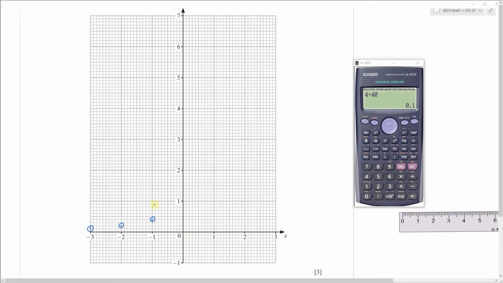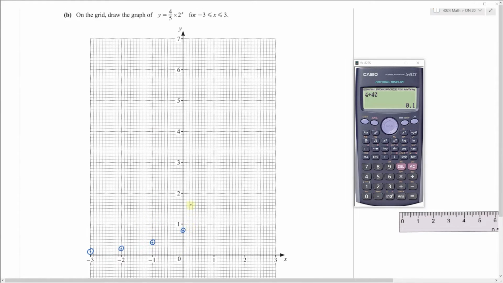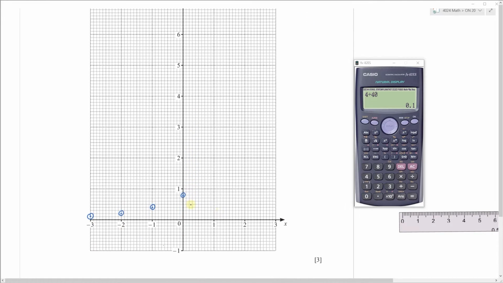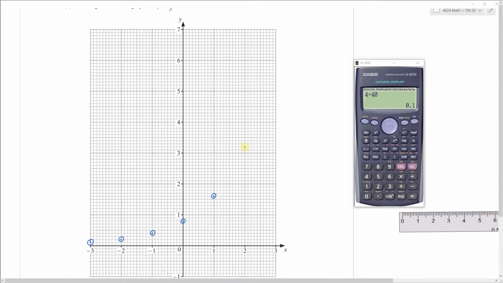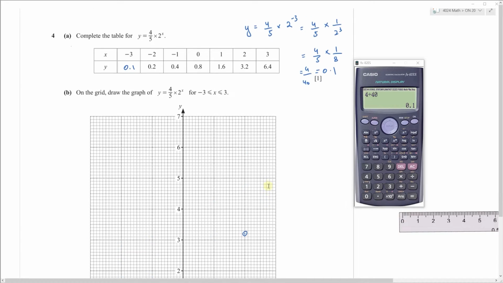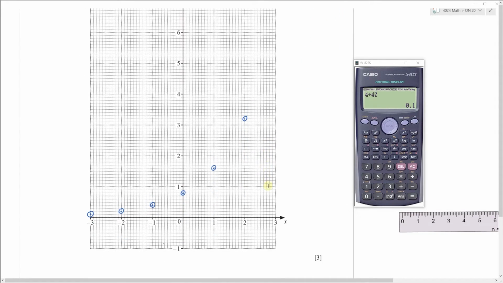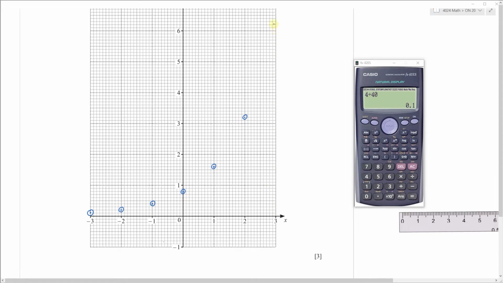0 and 0.8 will be this. 1 and 1.6. 2 and 3.2 is this. And then 3 and 6.4 will be 1, 2, 3, 4, this value.